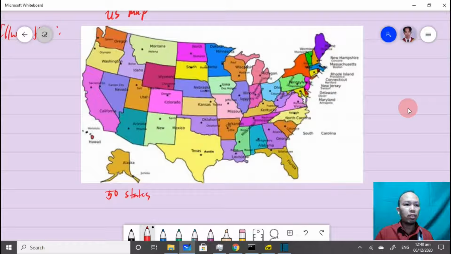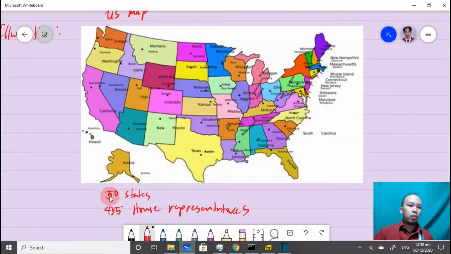I've read also that there are 435 House representatives. So imagine, suppose that there are 50 states and there are 435 House representatives.